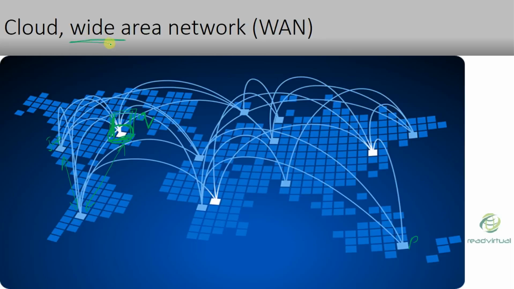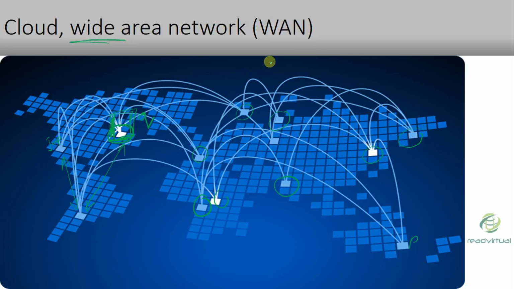So geographically we have moved our business to different locations. We have presence in different locations in the world, and we are connecting all these locations, all these dots which we see here. This is our office, and we are connecting all these offices to our head office over the wide area network.